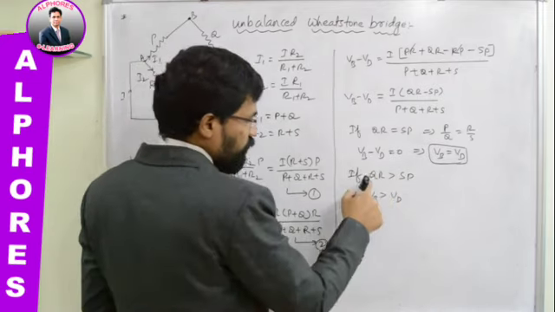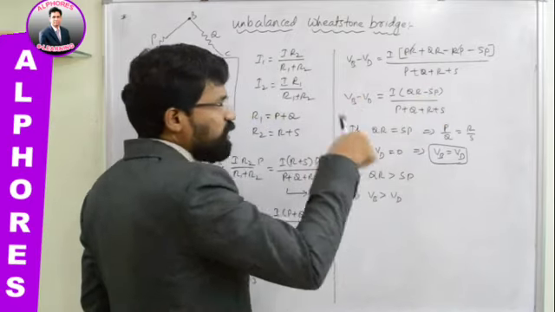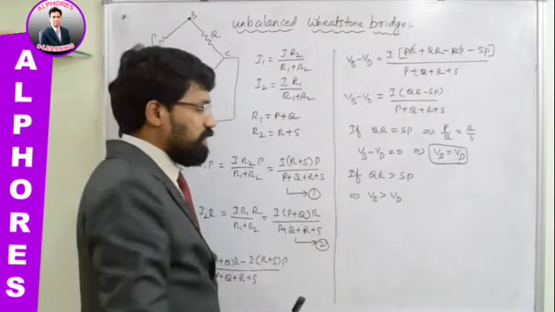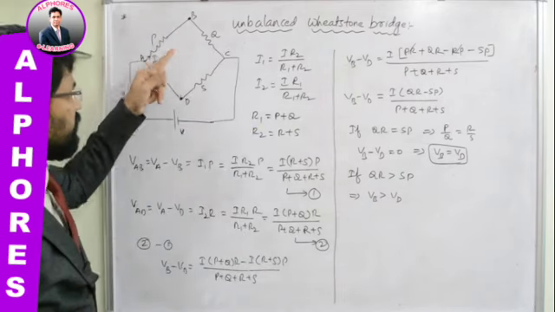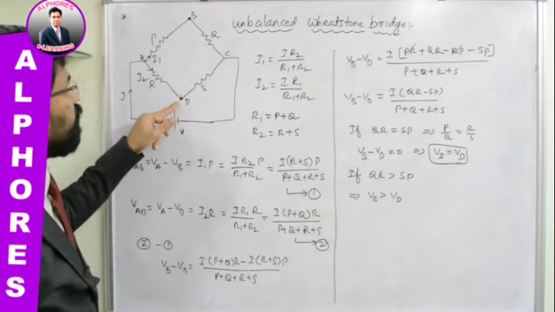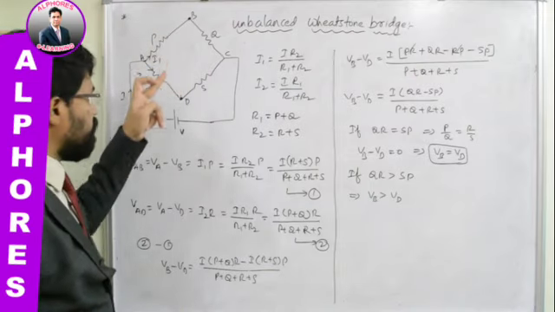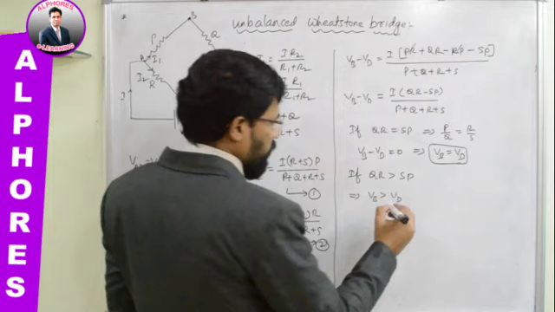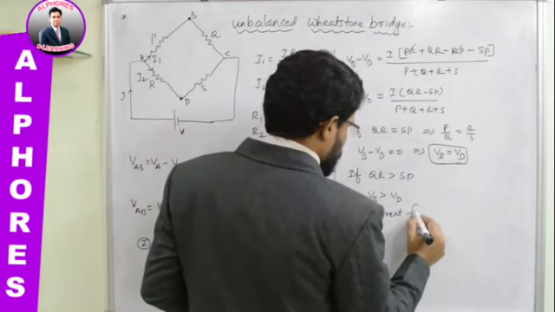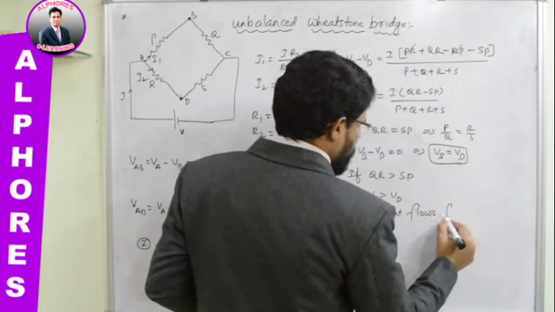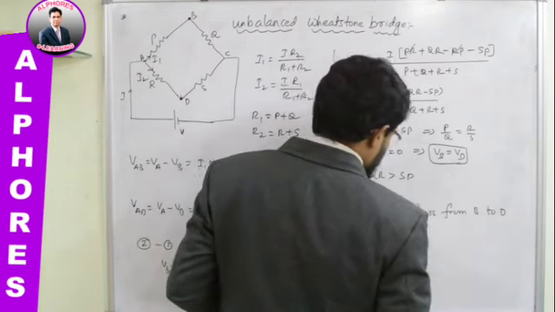So VB minus VD is positive, in the sense VB is greater than VD. So the potential at point B is greater than the potential at point D. It means if you connect a resistor between these 2 points, current flows from point B to point D.